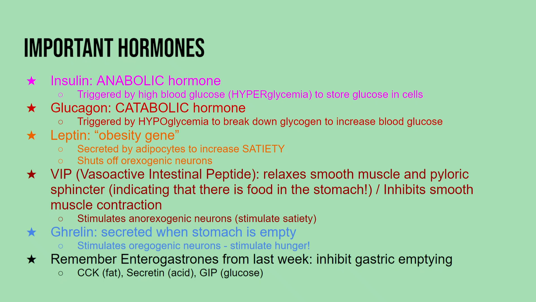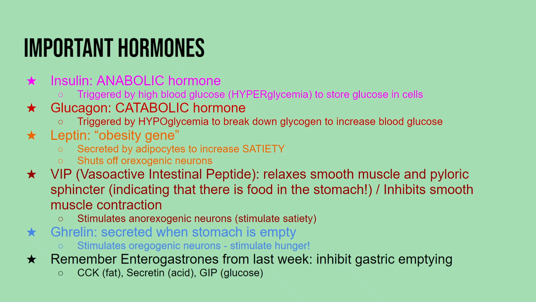This process would be triggered by glucagon, and this process would be triggered by insulin. Insulin is anabolic, helps you form glycogen storage molecule. Glucagon, catabolic, helps you form glucose.